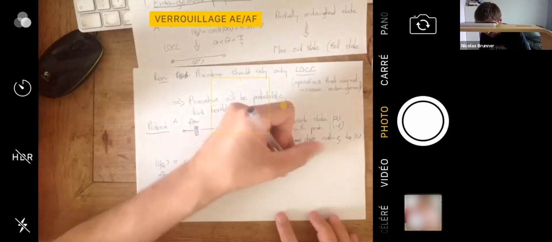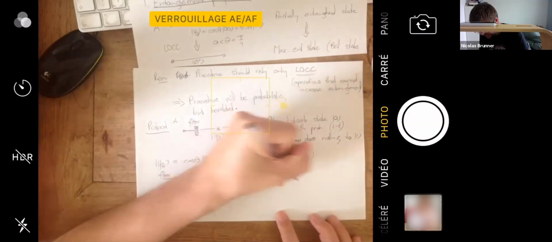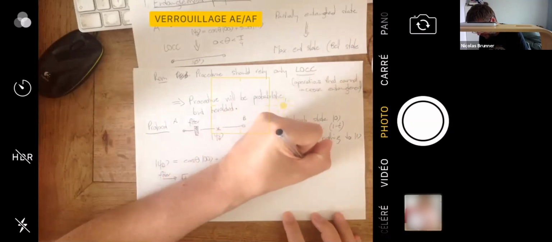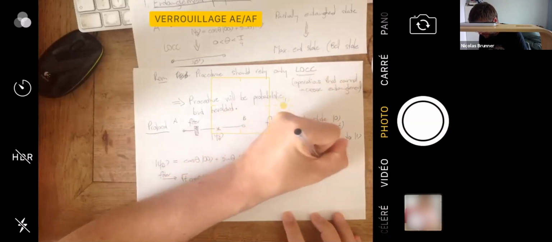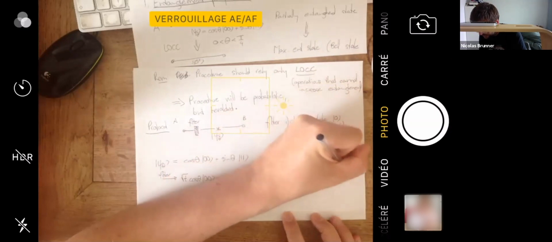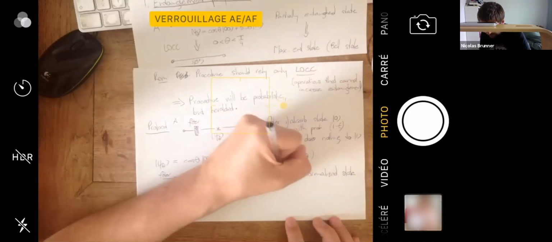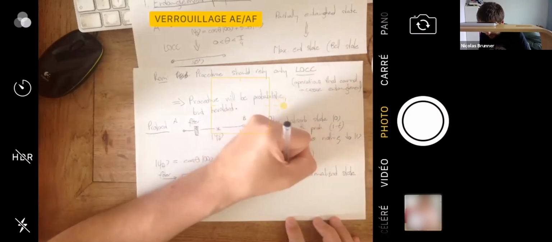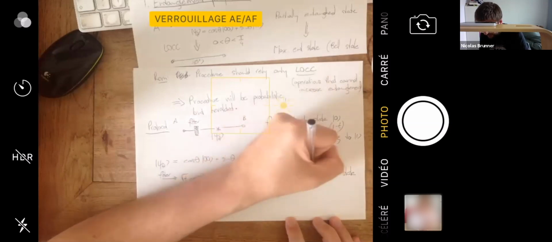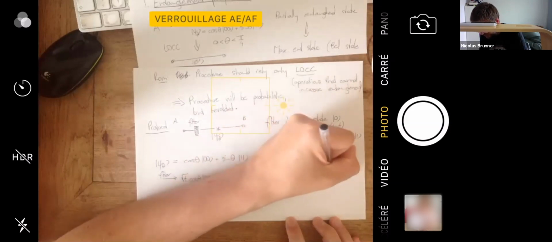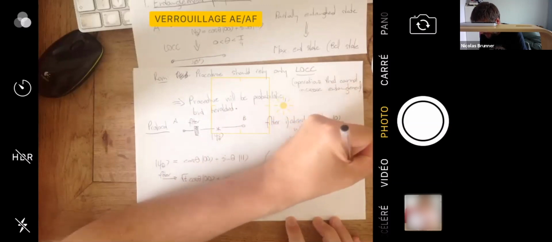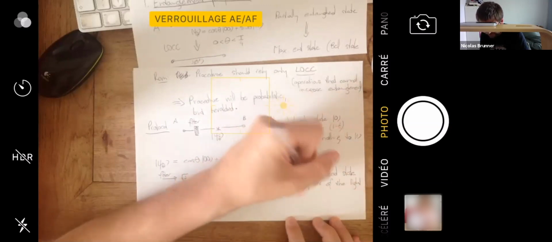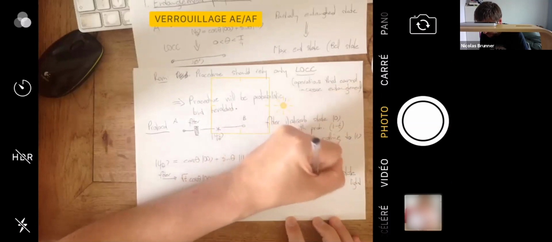Okay, and you should note that this is an unnormalized state. This follows from the fact that part of the light or the particles are absorbed.